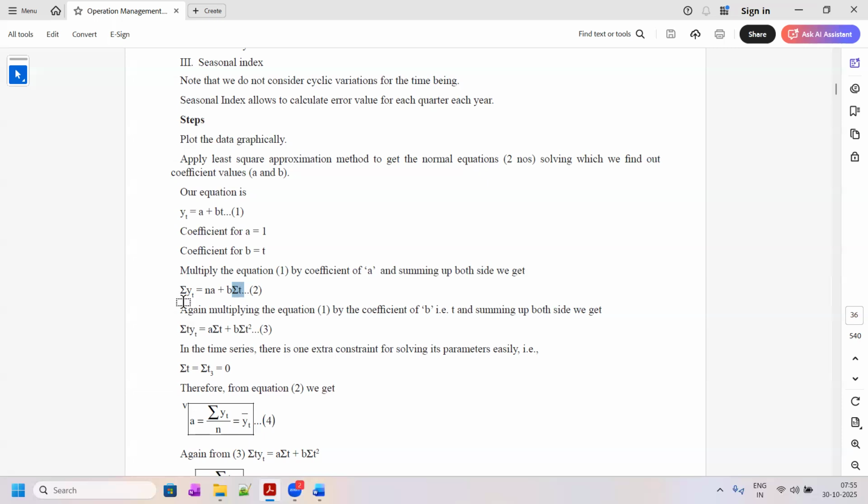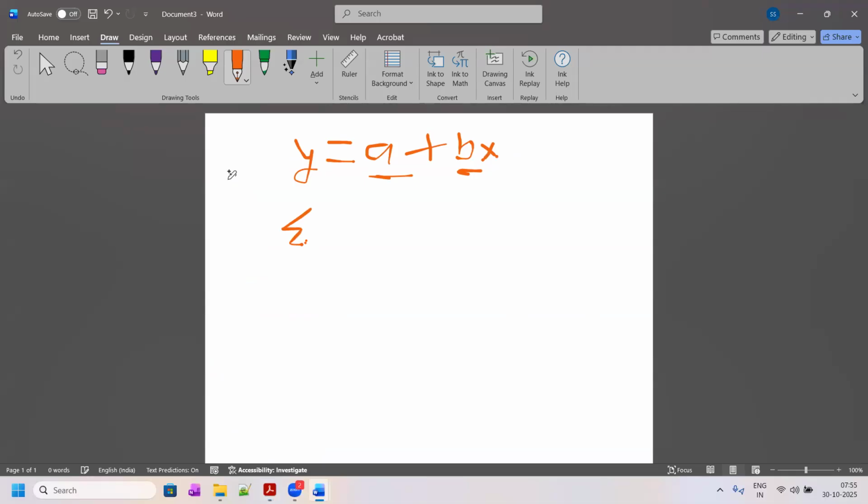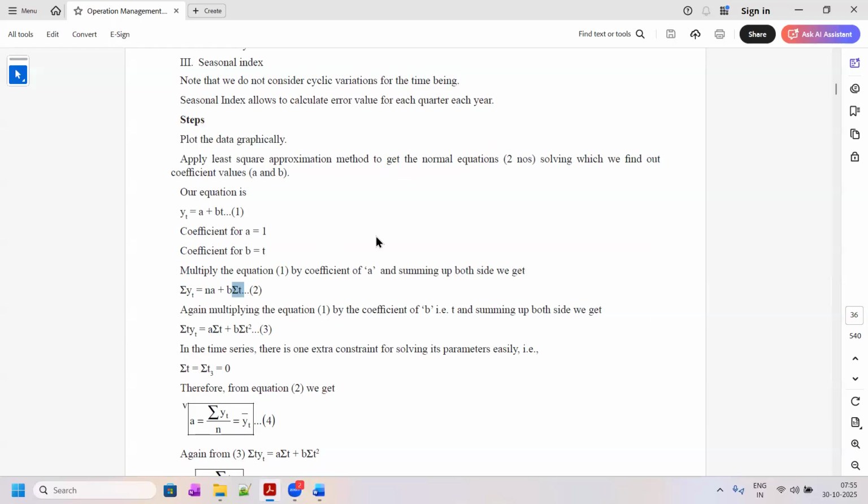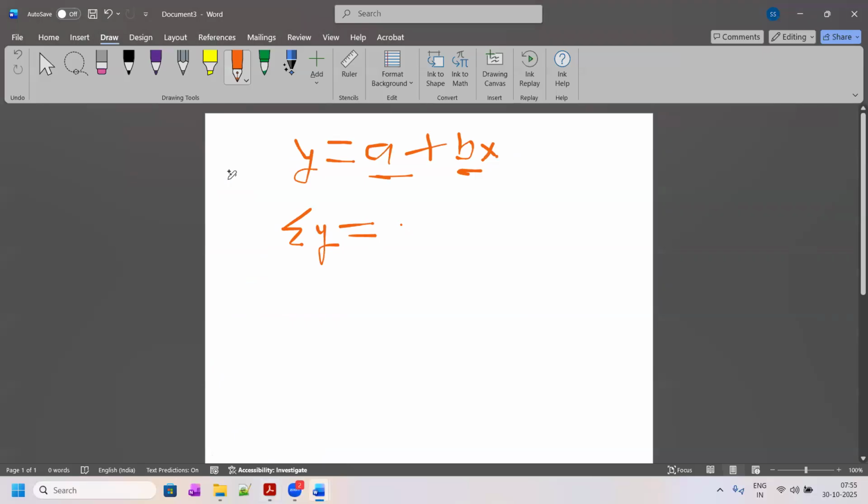If I write here sum of y is equal to na plus b sum of x, and imagine if I make my sum of x 0, if this becomes 0, then the whole term will become 0, correct?